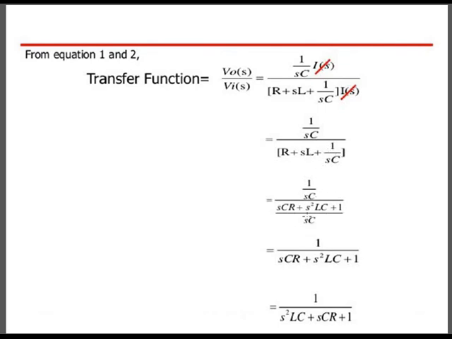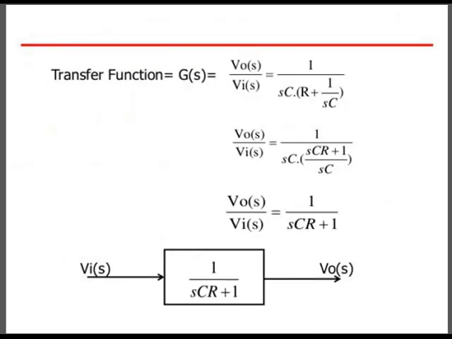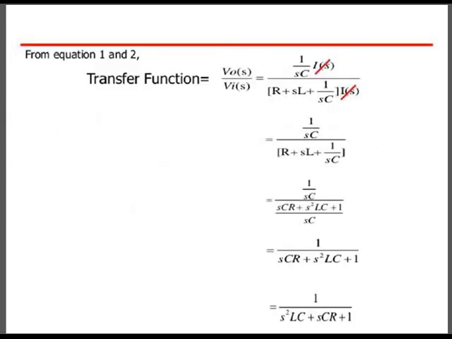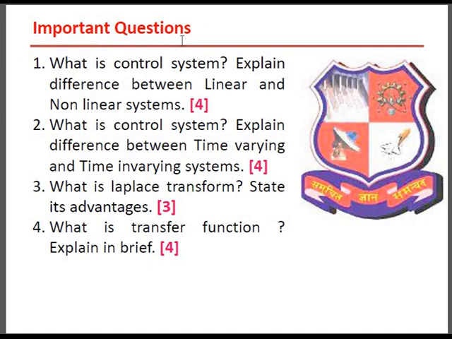So this sC will cancel out, and our transfer function becomes 1/(s²LC + sCR + 1). This is the transfer function for this RLC network.